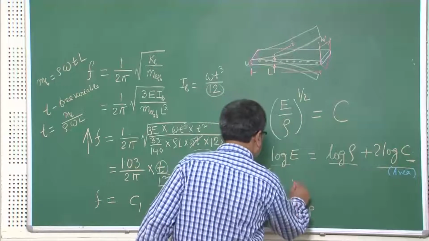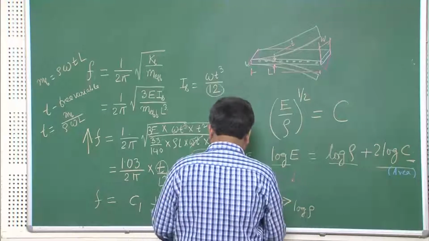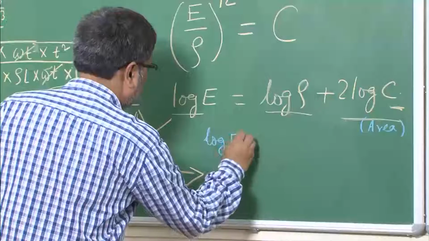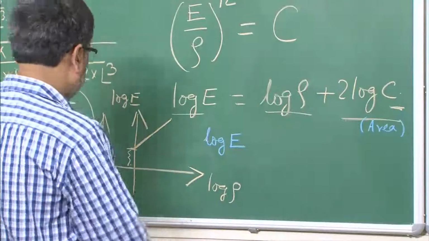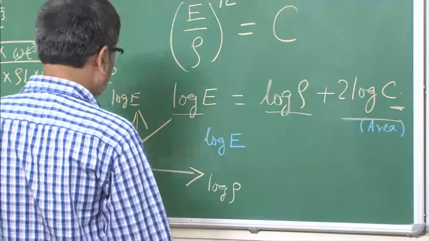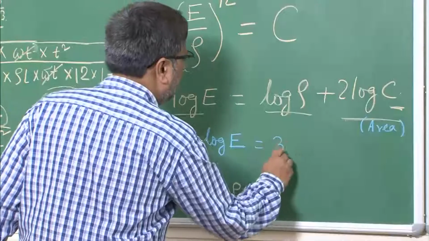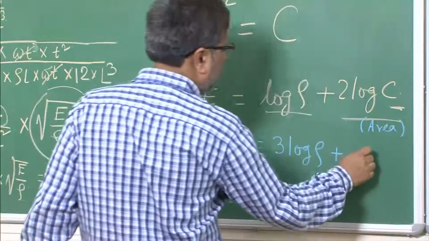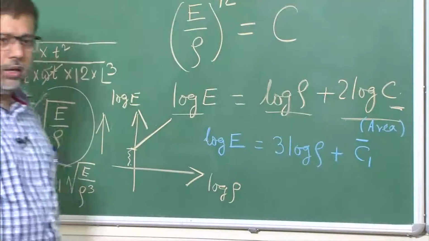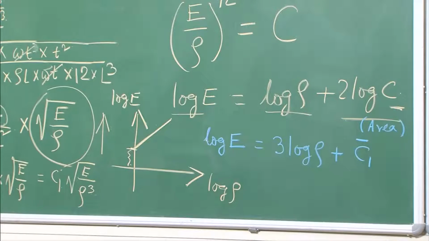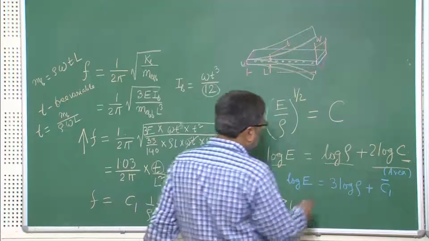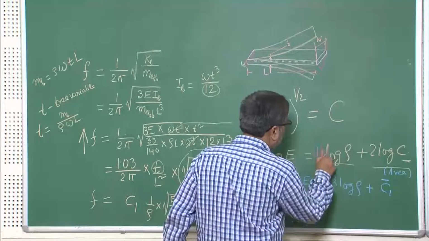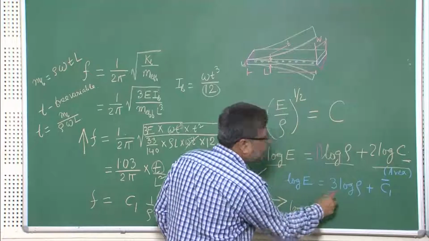So, we can write it as log of E equals 3 log rho plus some constant, correct. You can evaluate it, but the important thing for me is that here it was unity, and here it is 3.